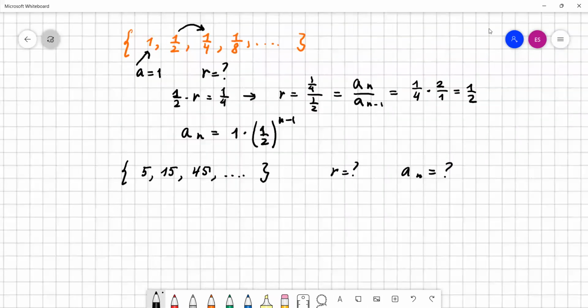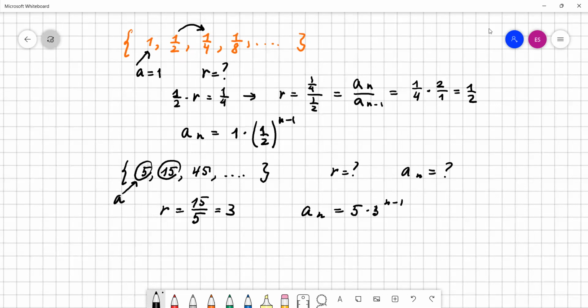Think for 5 minutes, stop the video, and I'm going to solve it, of course. So how am I going to solve it? I remember that R is the next term over the previous term. So 15 over 5, which is going to give me 3. So my R is 3. My formula is going to be A1, which is 5, right? That's A. And R is equal to 3, and the power is n minus 1. Okay?